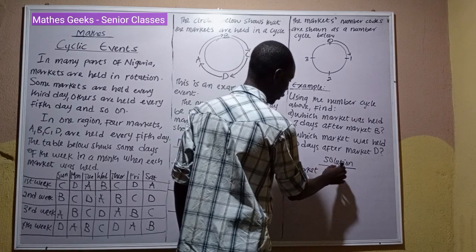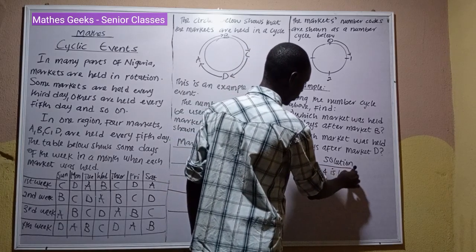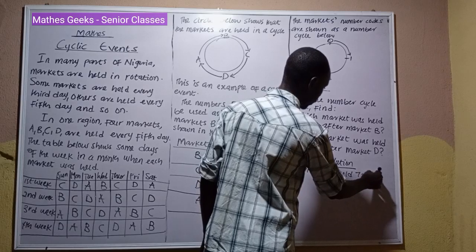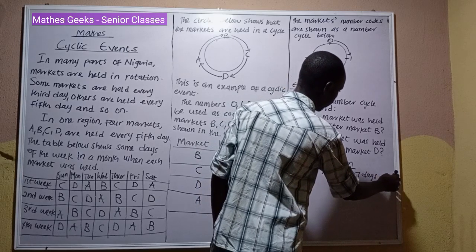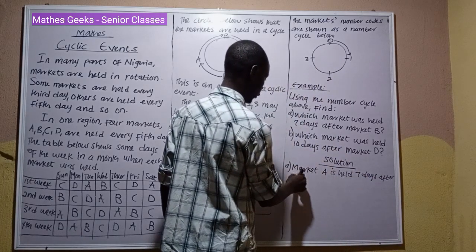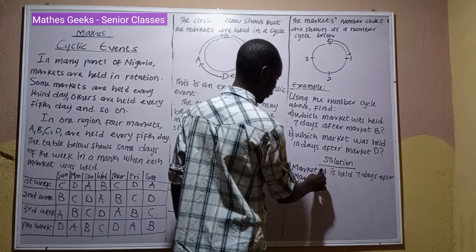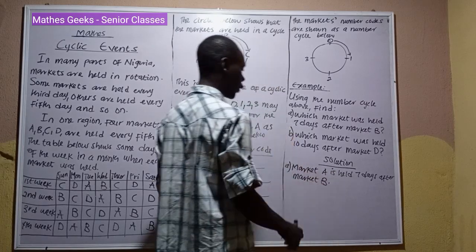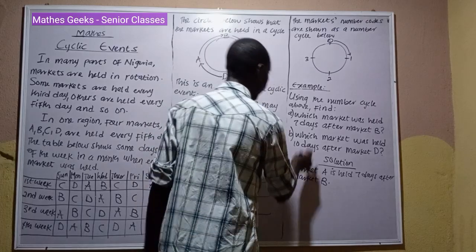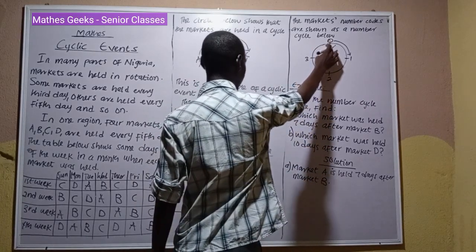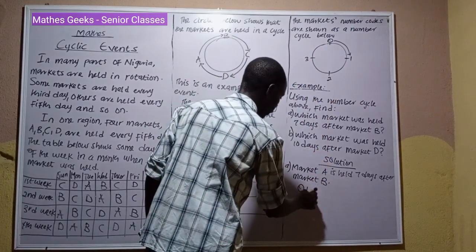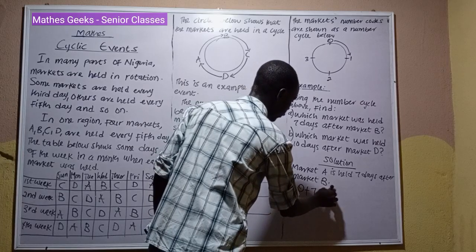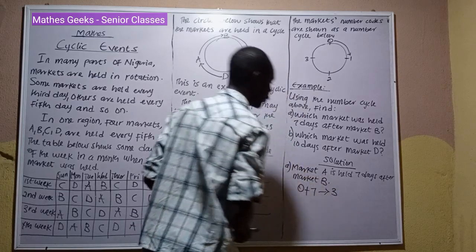Market E is held 7 days after market B. Another way to represent this is 0, which is market B, 0 plus 7 is 3.